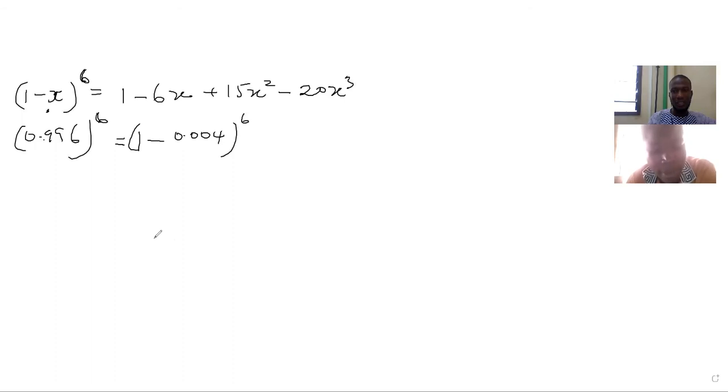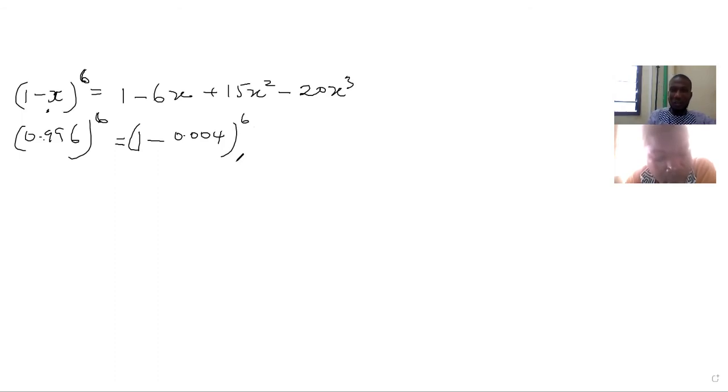Please let me check. Good. When I did it, I had 0.976 here. No, because you don't have the exponent 6, right? Okay, so this is what we are trying to do. In mathematics, we do a lot of comparisons.